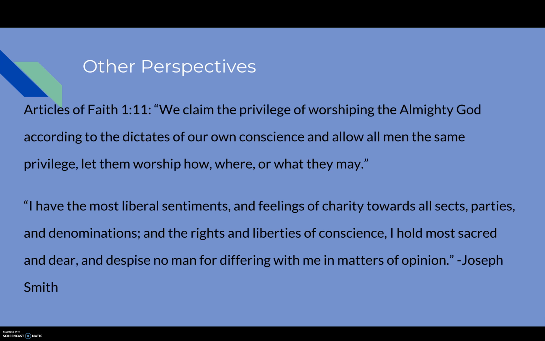And just as they're sacred and important to us, there are other religions that believe that what they're doing is right and is sacred and is important to them. And so we shouldn't judge because we don't want to be judged.